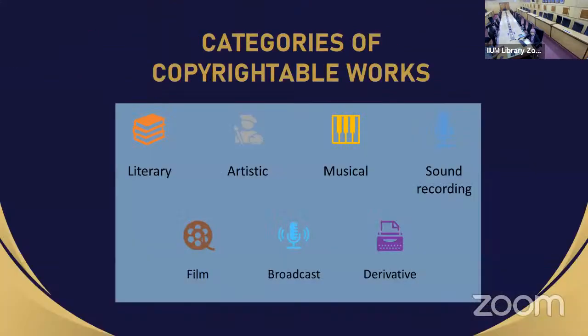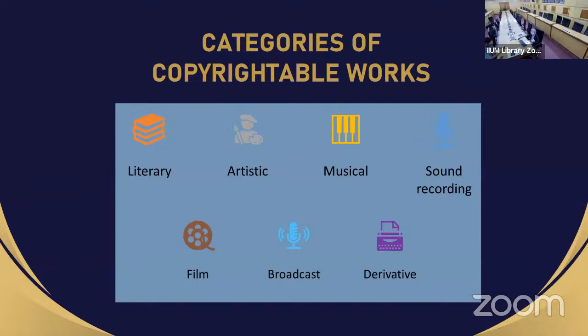So I will go to what materials can be copyrighted, because previously we never really knew what can actually be copyrighted. There are categories of copyrightable work, but besides that, MyIPO will accept three important things. Firstly, it must be original.